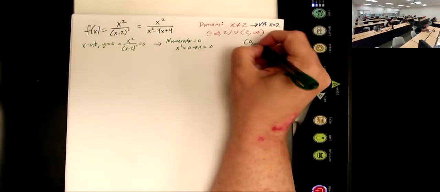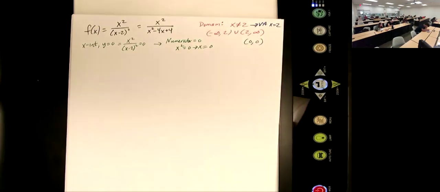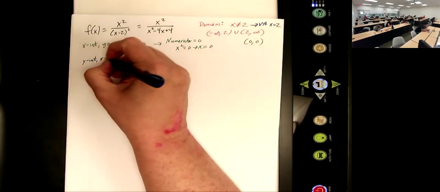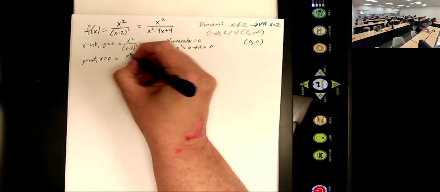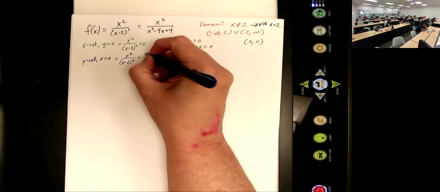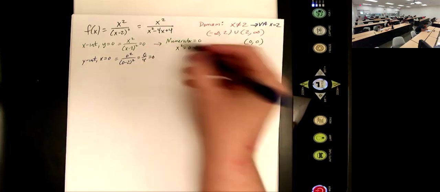So we have the point 0, 0. Y-intercept: x equals 0. 0 squared over 0 minus 2 squared is 0 over 4, which is 0, so same point.